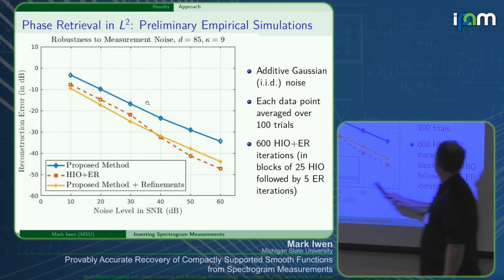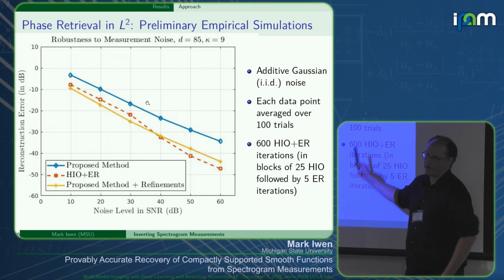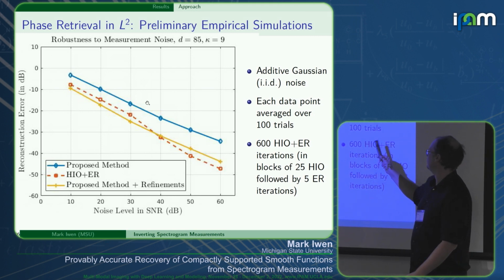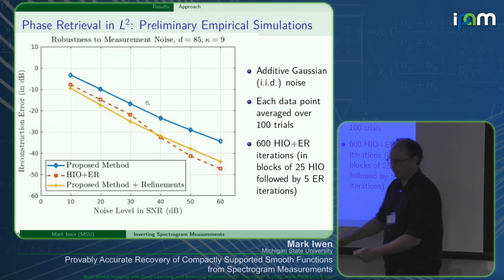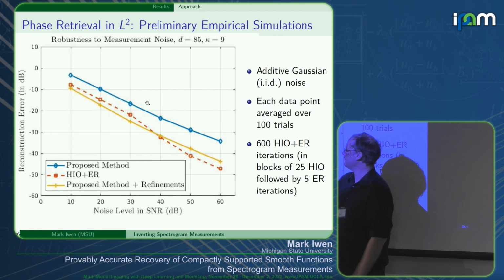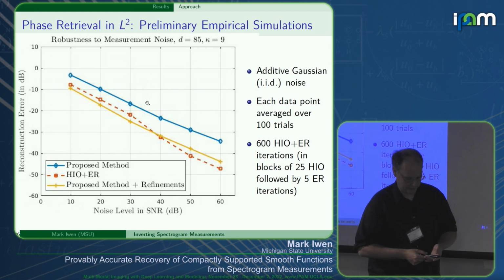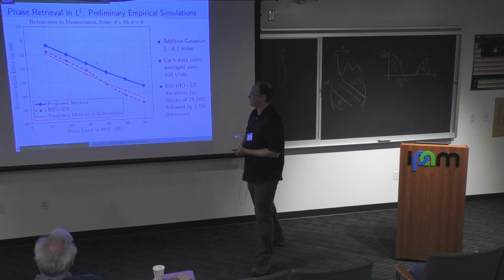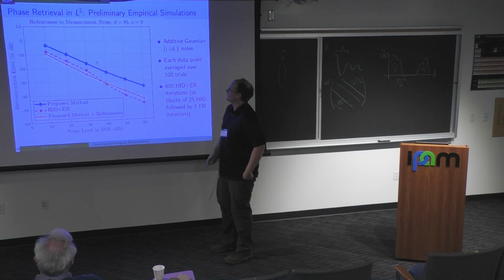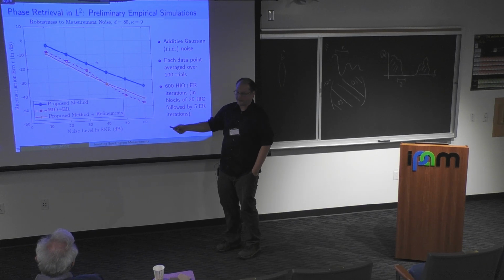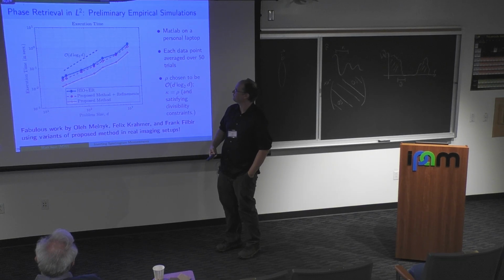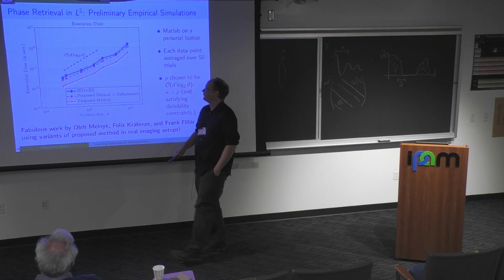You do several iterations of hybrid input-output, an iterative technique, interleaved with other iterations of error reduction, and you do several blocks of iterations of each in a row. That's sort of the industry standard at this point, at least among certain folks. So you have similar noise performance to 600 iterations of this. So that's fine. Why should you care?